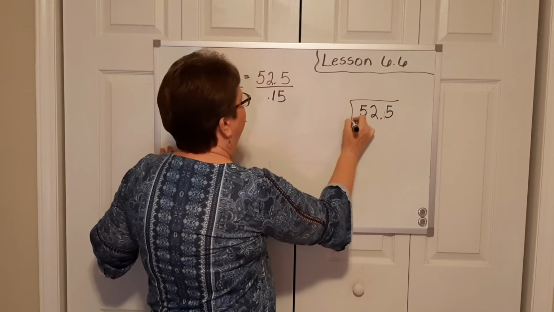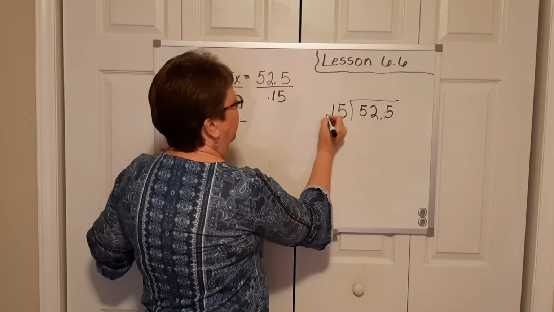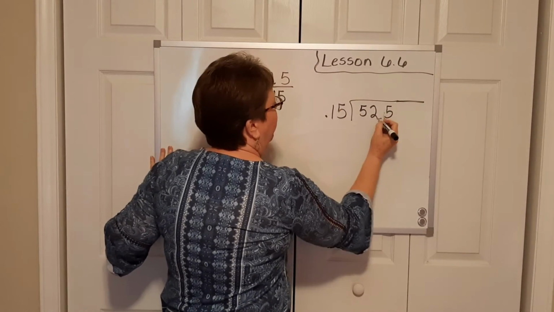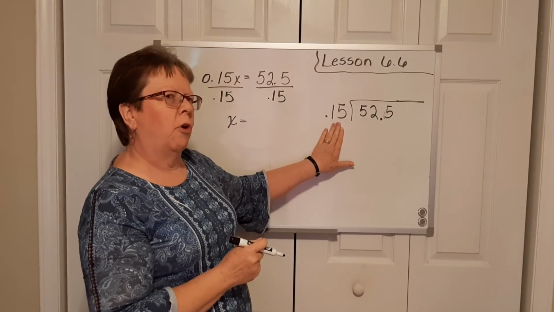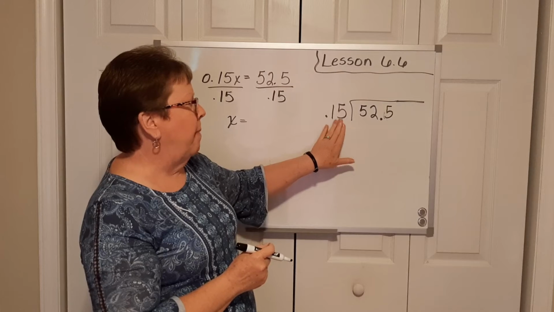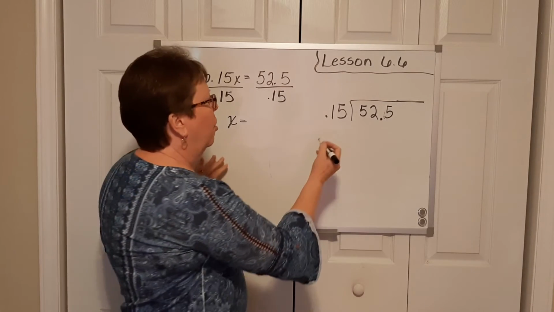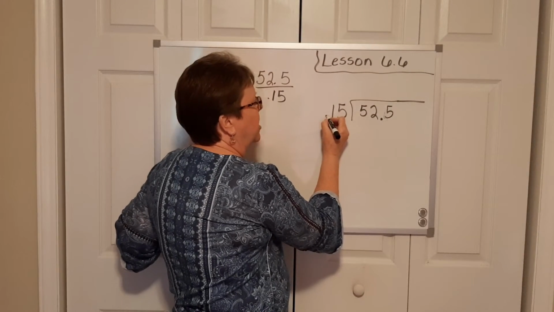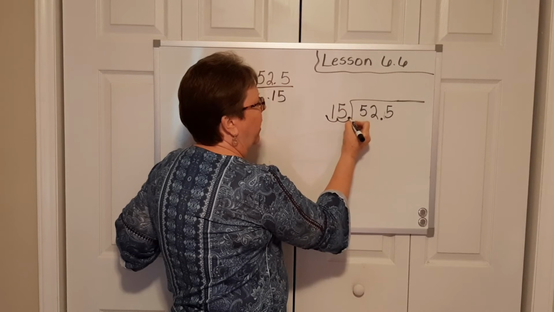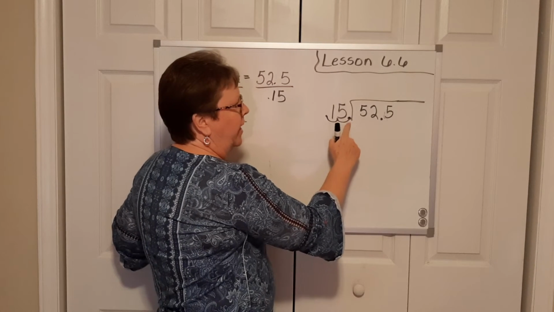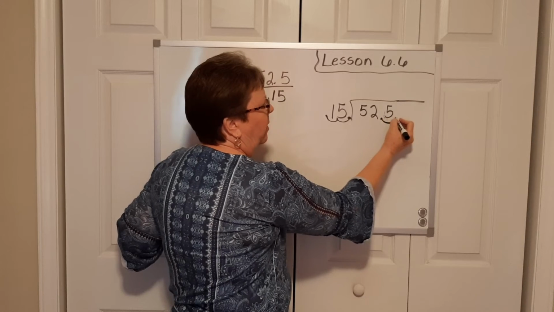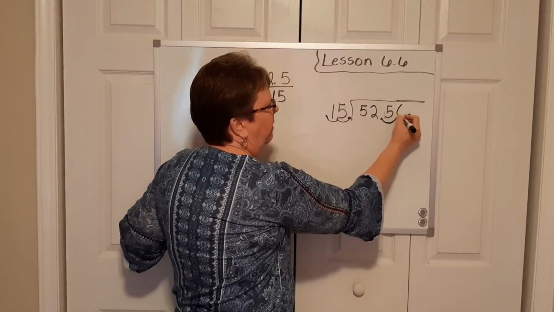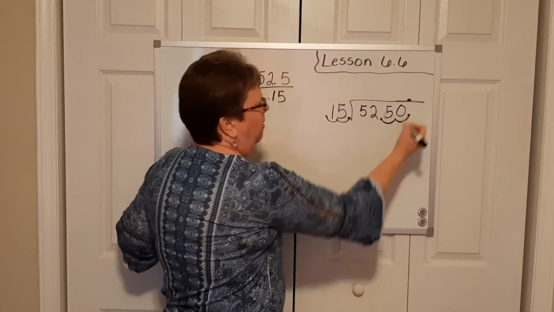So here we have 52.5 divided by 0.15. Now, if you remember correctly, we have to have our divisor as a whole number. To make this a whole number, we're going to have to take our decimal point 2 places to the right. And so if we did that to this side, we've also got to do it over here. 1, 2. So there's where we're going to put our decimal point.